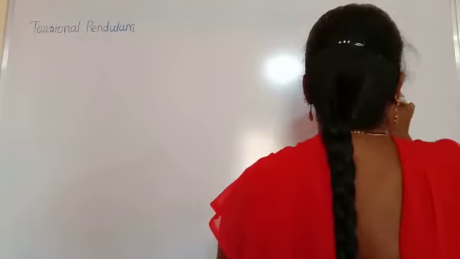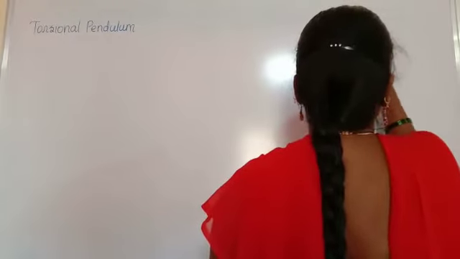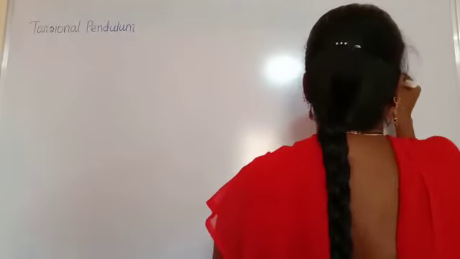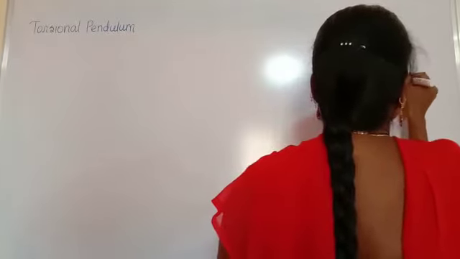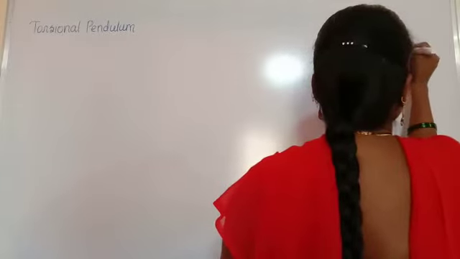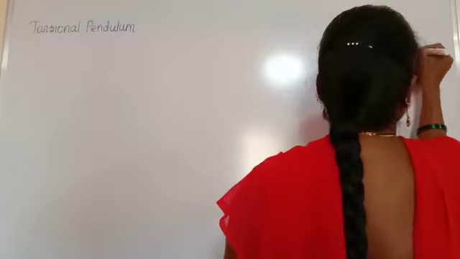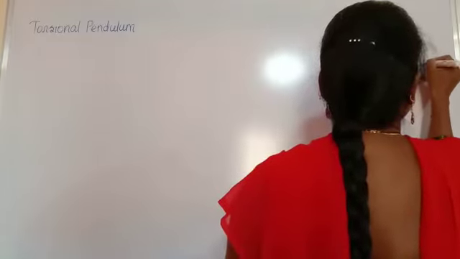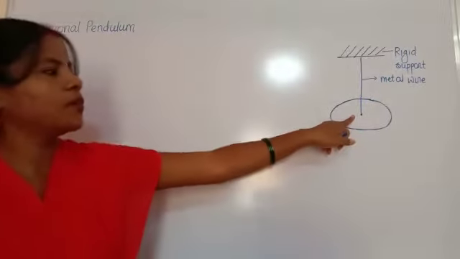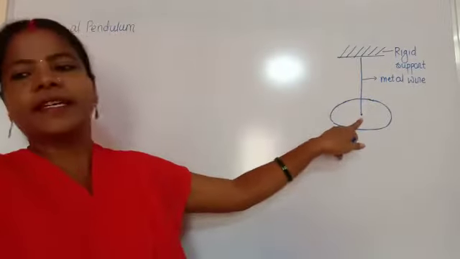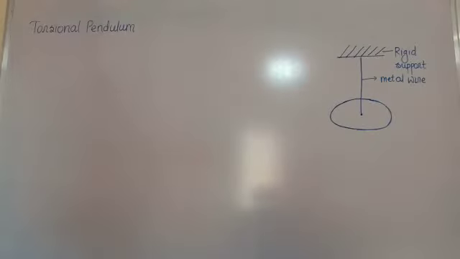This is the metal wire, and this is the rigid support. The upper end of the wire is fixed to the rigid support.